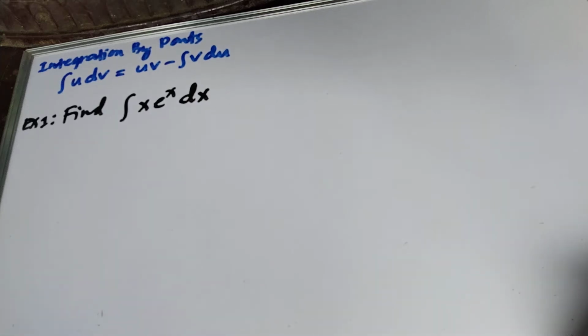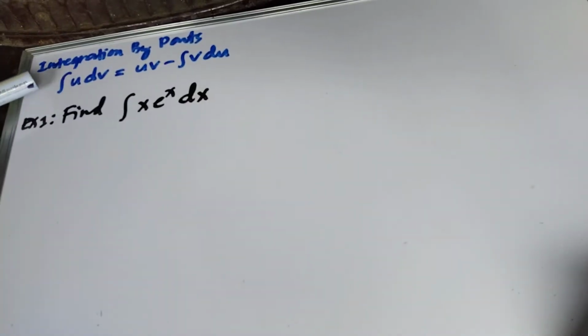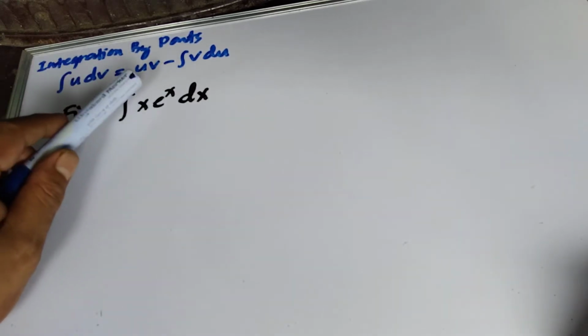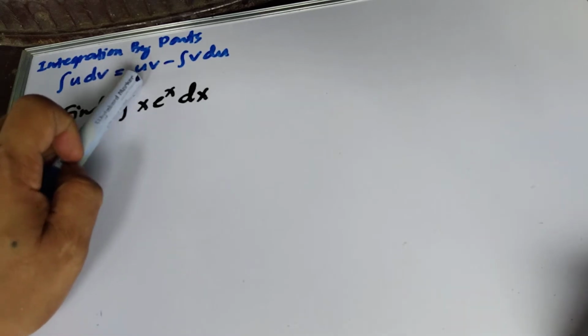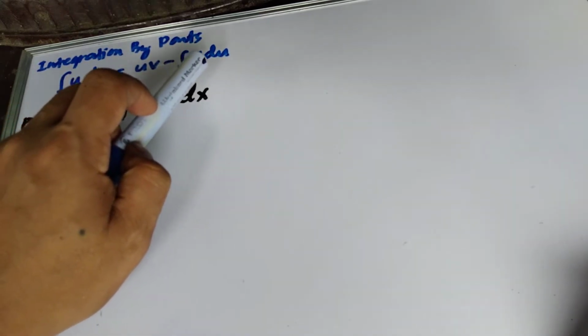Okay, so let us try examples on how to solve integrals by integration by parts. As we all knew, if you're given this form of integral, the integral of u dv, we can solve that by using integration by parts, using the formula uv minus the integral of v du.